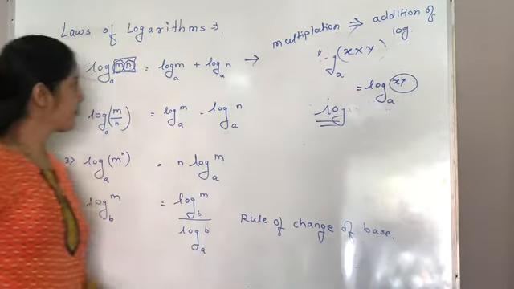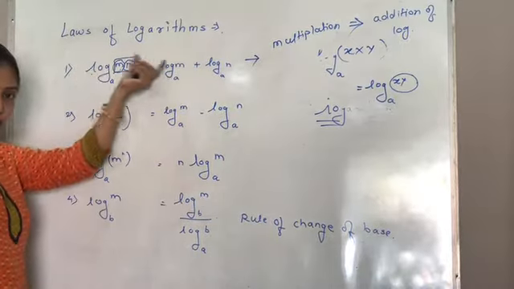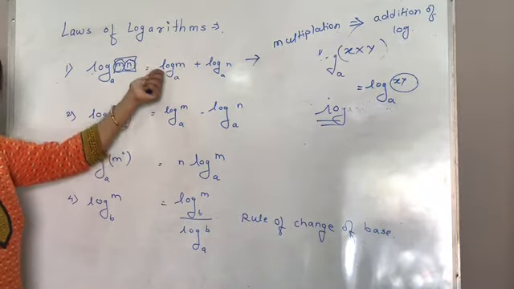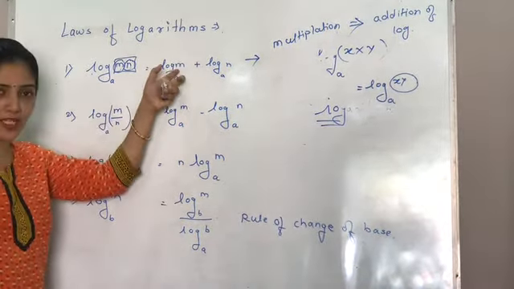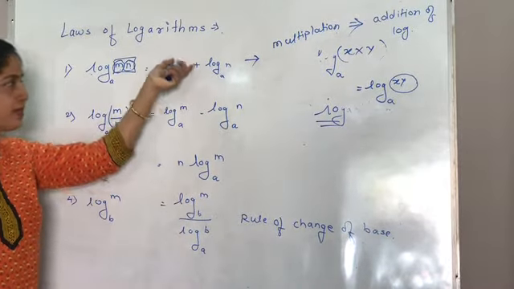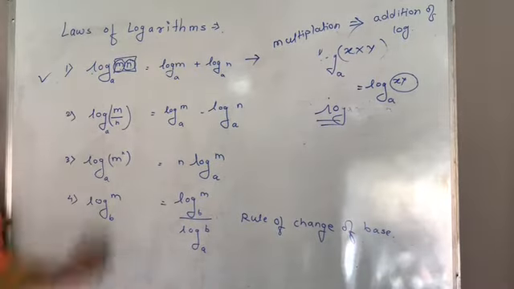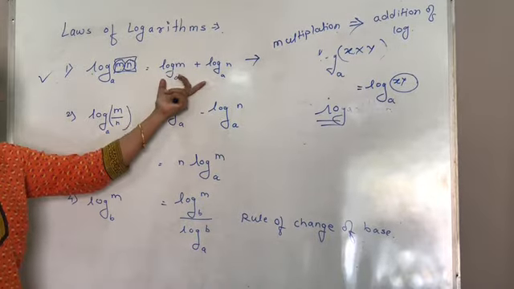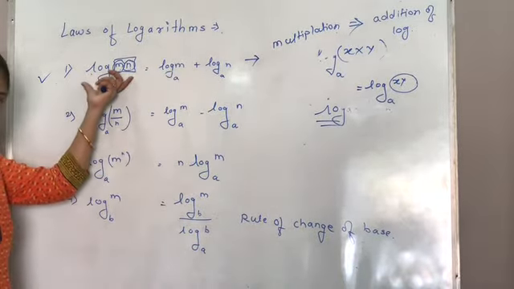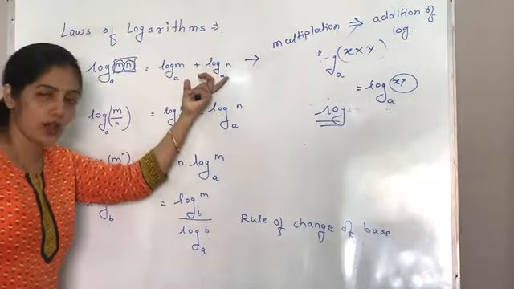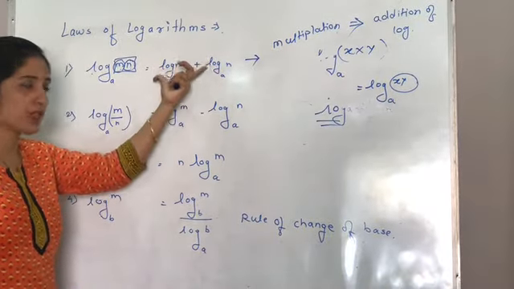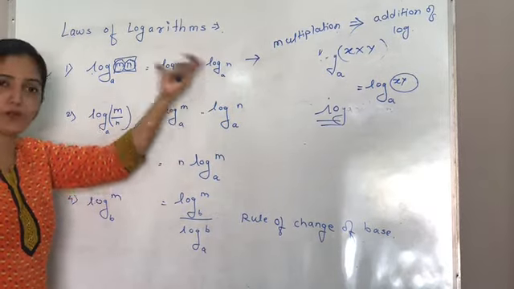So the log of mn to the base a is equal to log of m to the base a plus log of n to the base a. That is one. Okay, how to use this type of log? Questions of this type will come with multiplication. There, you have to use the addition of the logs.